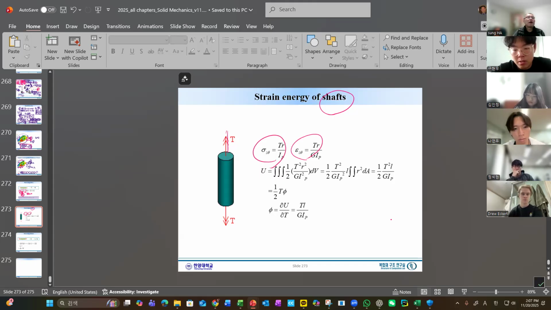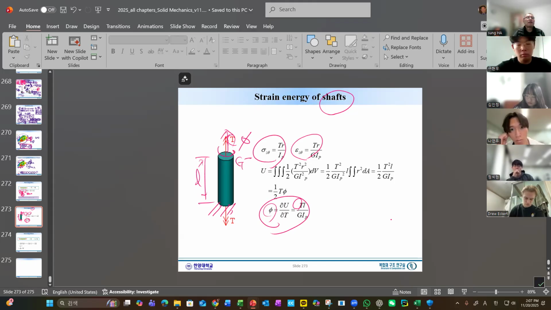When we apply the torque here, with respect to here, this will rotate through an angle. The amount of rotation is the torque times length over G times J, the torsion stiffness, and you can get this one.